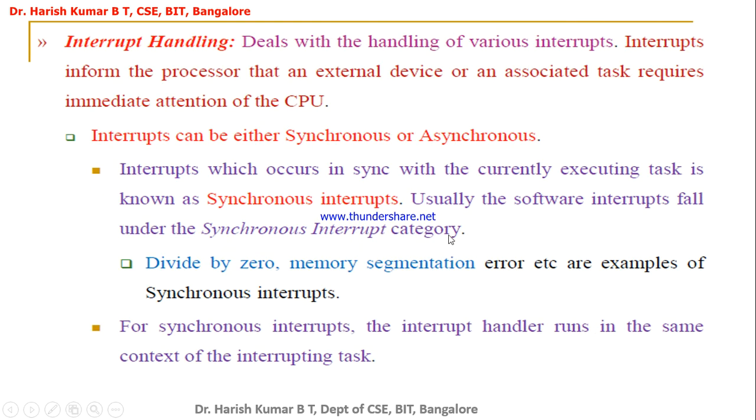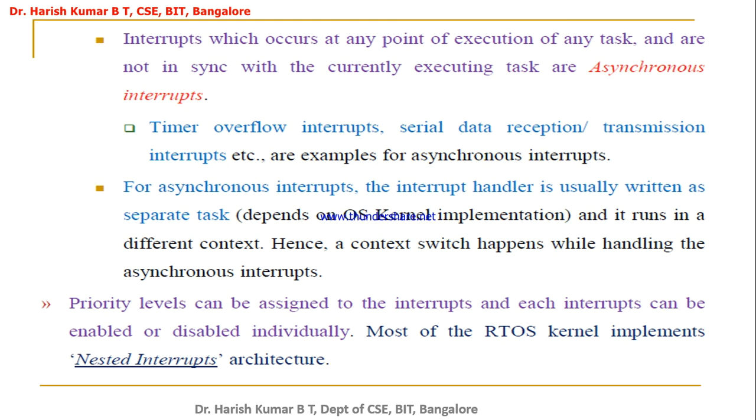For synchronous interrupts, everything happens within the same context, and the CPU need not change the address space from user mode execution to kernel mode execution. Whereas in asynchronous interrupts, the CPU needs to switch from the user address space to the kernel address space.